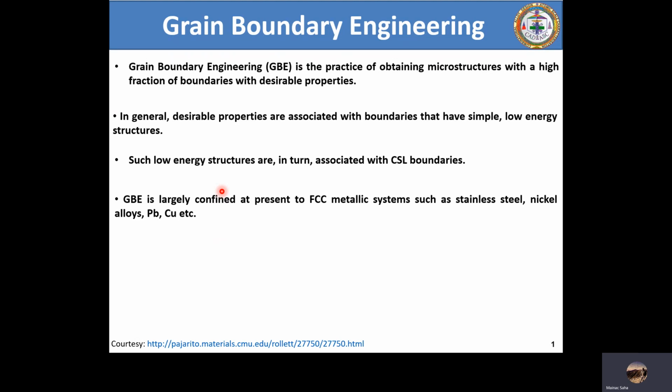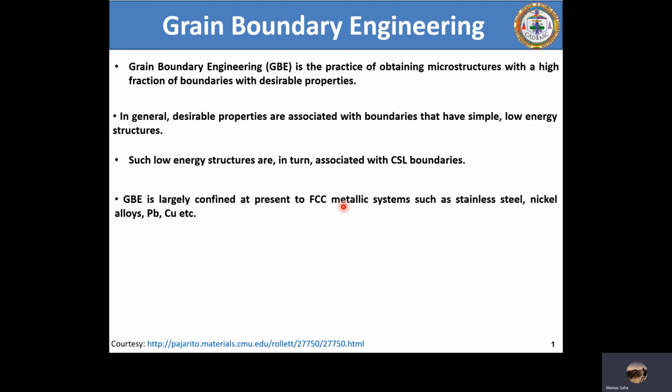But the problem with alpha iron or any typical BCC material is the atomic stacking sequence, the atomic arrangement along the most close-packed plane 110, or even any other low index plane. So generally the atomic arrangement does not allow, under normal conditions or under equilibrium conditions, the formation of twins.